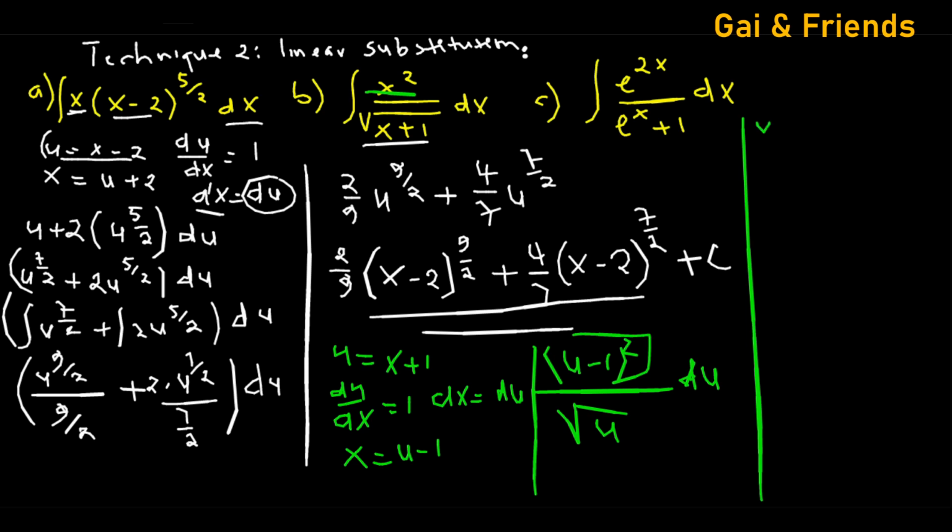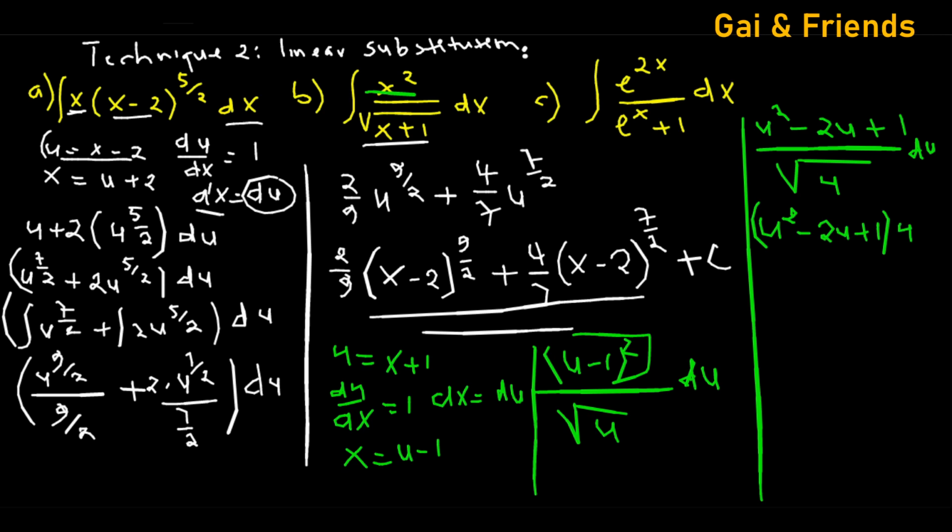It will be u squared minus 2u plus 1 out of u du. Okay, so what you will need to do here is to say that u squared minus 2u plus 1 will be times u raised to the power negative 1 out of 2.